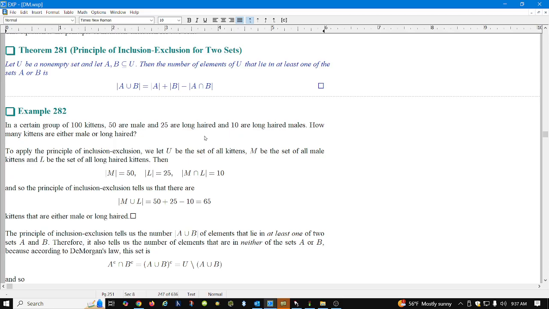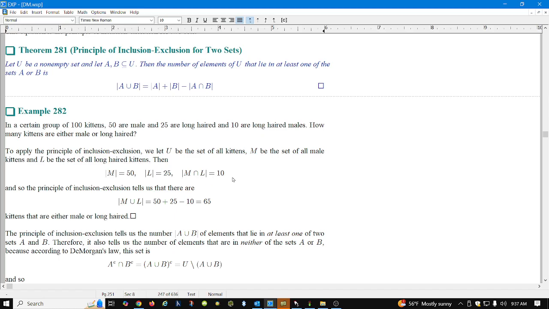So we just have to assemble our numbers for the principle of inclusion-exclusion. The size of M, the set of male kittens, is 50. Long-haired kittens, we'll call those L. That size is 25. The size of the intersection is 10.